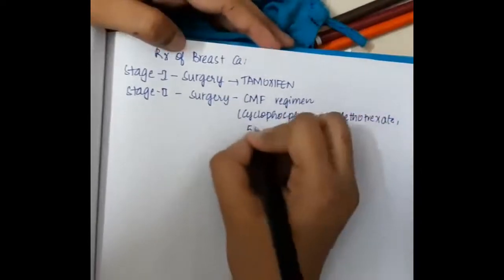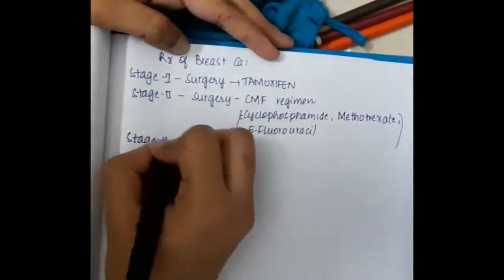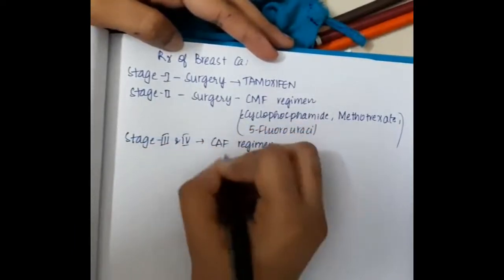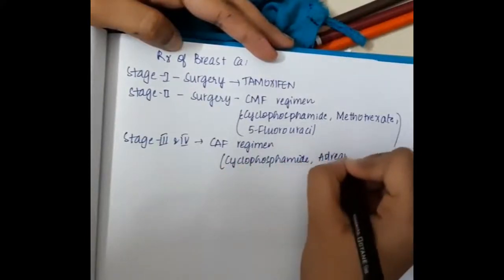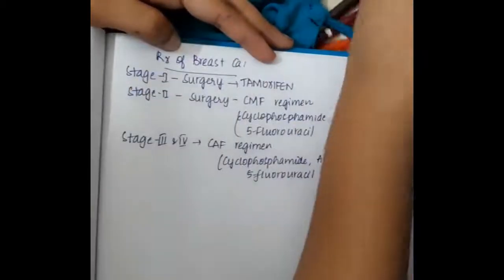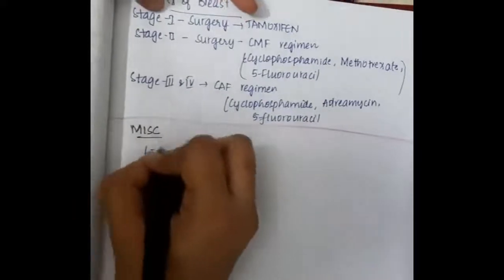Then in stage 3 we have the CAF regimen: cyclophosphamide, adriamycin and 5-fluorouracil.